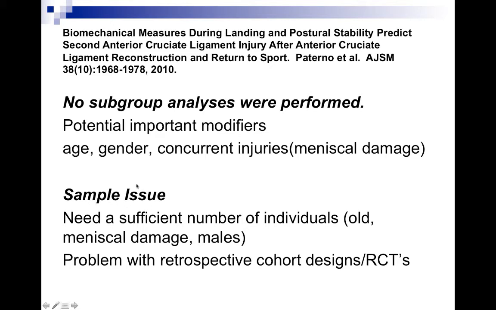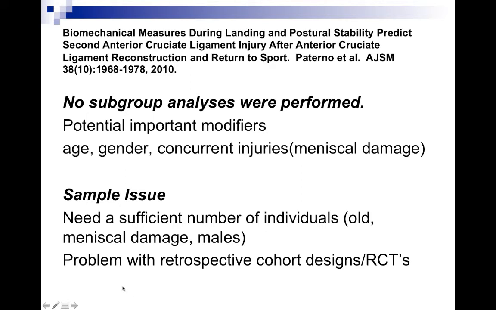Now, this is primarily because it is a retrospective cohort design, and the sample was highly specified by choice because it was extracted from an existing database. As an example, there weren't sufficient older individuals in this particular study to assess the effects of age. There weren't a sufficient number of males to assess the effects of gender. And meniscal damage was ruled out as an inclusion criterion. So basically, it wasn't taken into account.